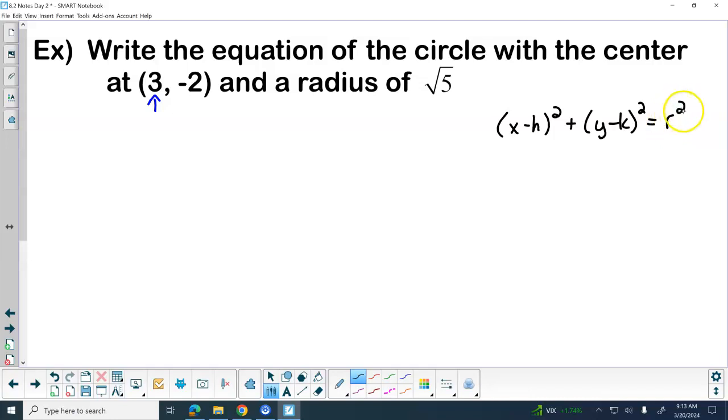In terms of that general equation of a circle, what is 3? H, that's the h, so it's going to be what? Minus 3, yep. So it would be x minus 3, so that part's h. So then we would have x minus 3 quantity squared plus what is negative 2? It's k, so it's going to be y plus 2.